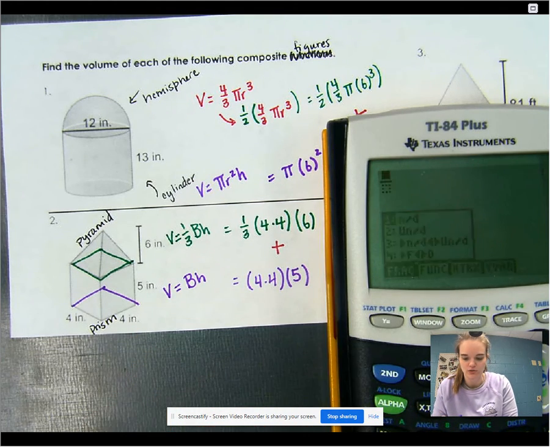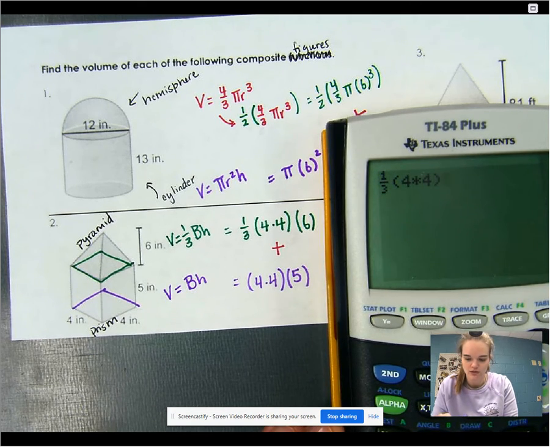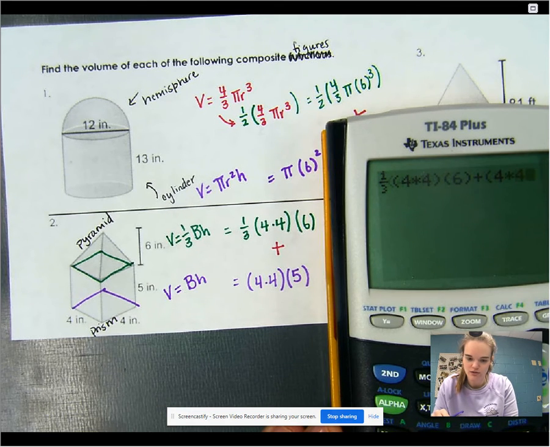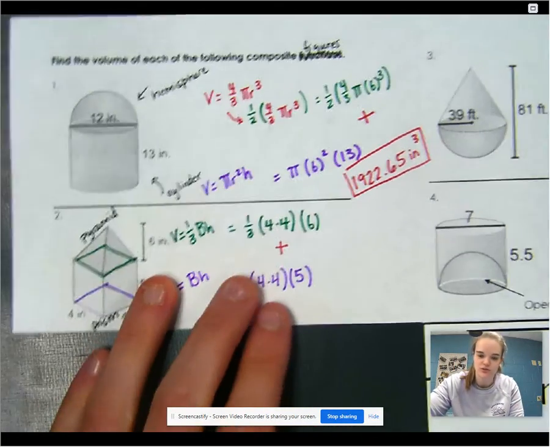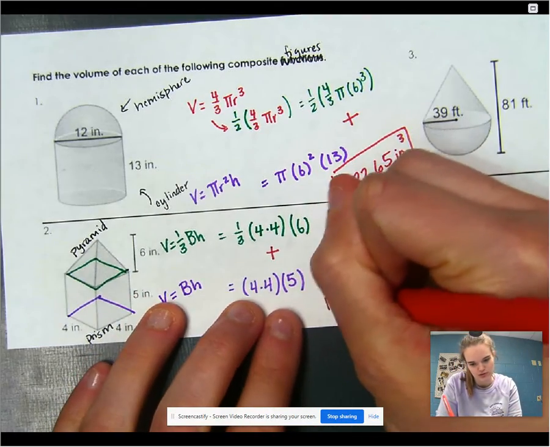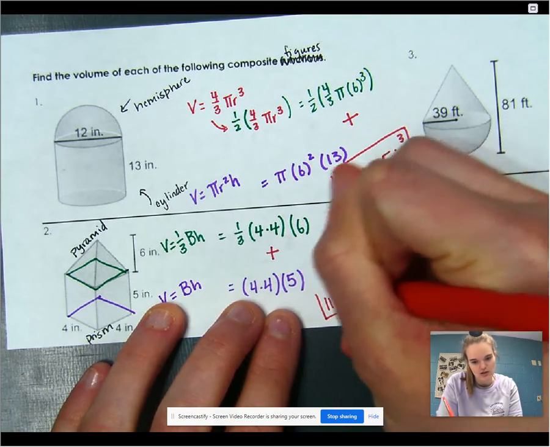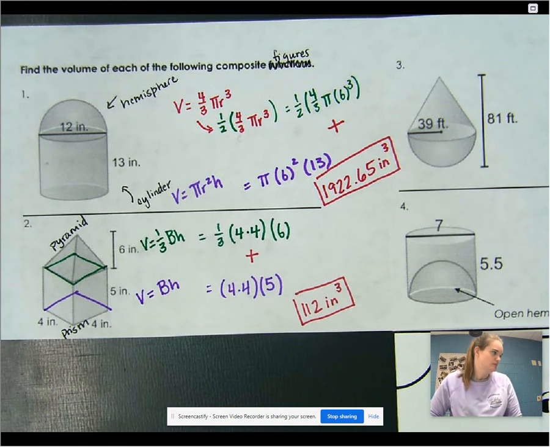Alpha y equals 1/3 of 4 times 4 times 6 plus 4 times 4 times 5. And that's 112 inches cubed. Okay, pause the video and try 3 and 4.